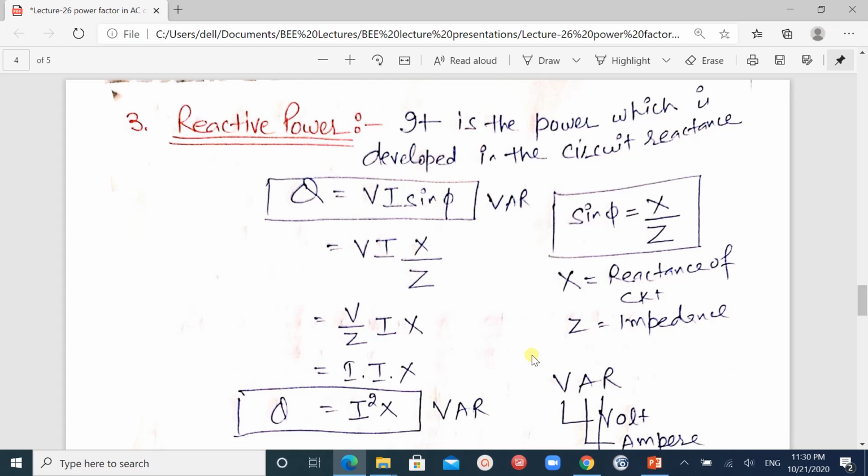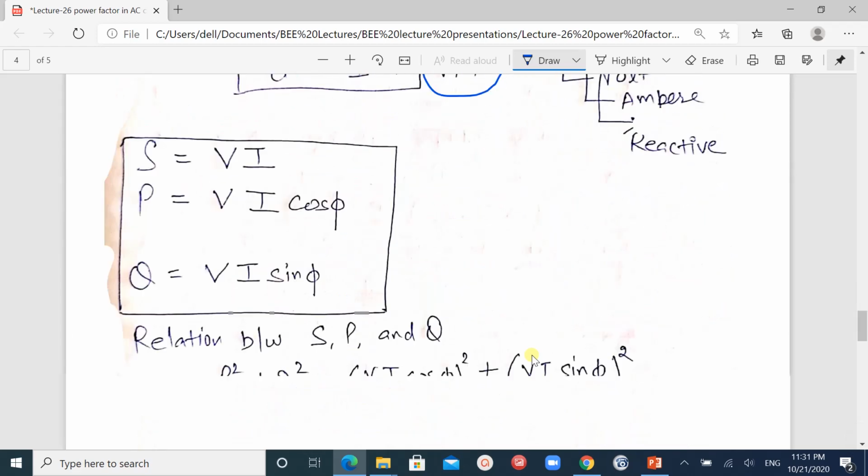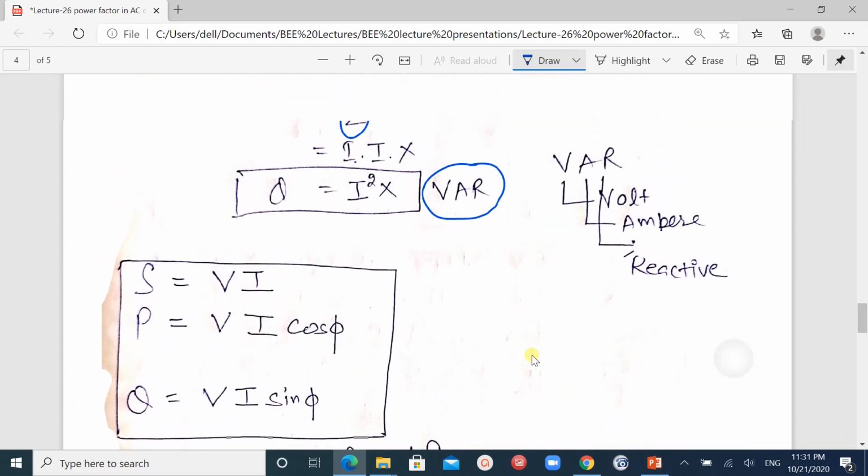We put the value of sin phi, which is X upon Z. So it will become VI into X upon Z. We can rewrite it as V upon Z into IX, and we know that V upon Z equals I. So we replace it, it will become I into X, and reactive power Q equals I square X, and its unit is VAR. V is volt, A is ampere, and R is reactive.